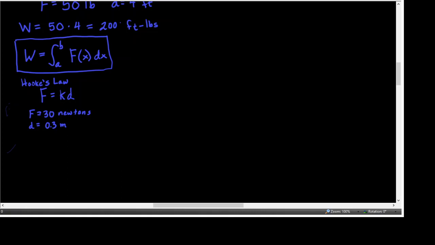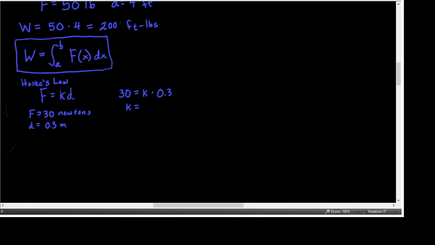What that piece of information is needed for is for us to be able to substitute into Hooke's law. For F, we'll put in 30. K is unknown, and the distance is 0.3. Then solving for k makes this the proportionality constant for this particular problem.